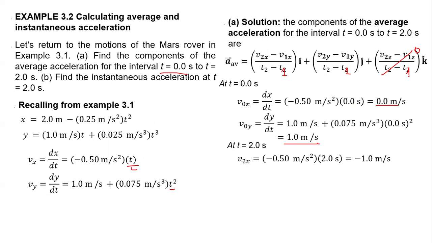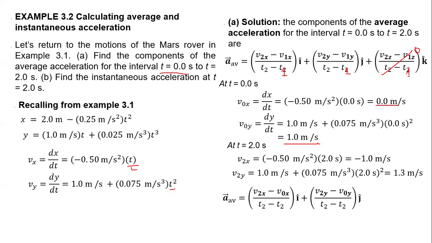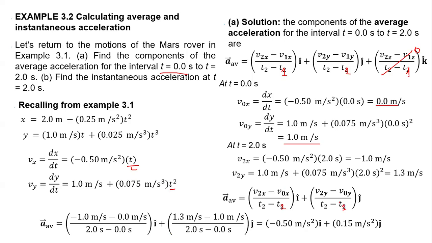At t equals 2.0 seconds, we already calculated that after 2 seconds, our velocity along x is negative 1.0 meters per second, and along y is 1.3 meters per second. If we plug these in here, we can get our average acceleration vector.